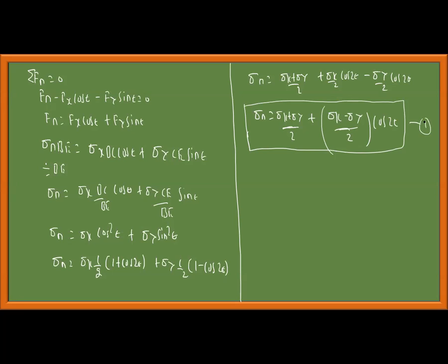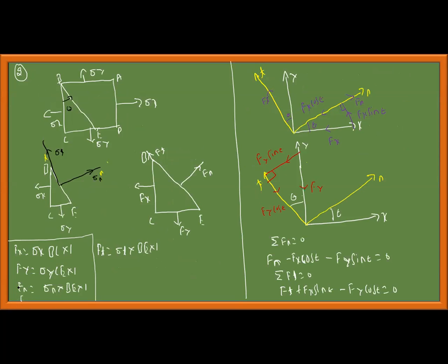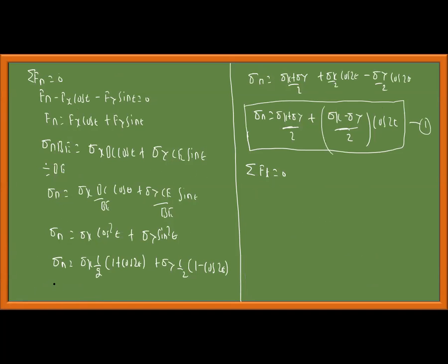I will call this equation 1. Next, the summation of tangential force is equal to 0. The equation is F_t plus F_x sin theta minus F_y cos theta is equal to 0.